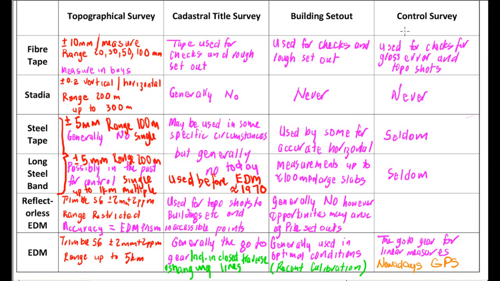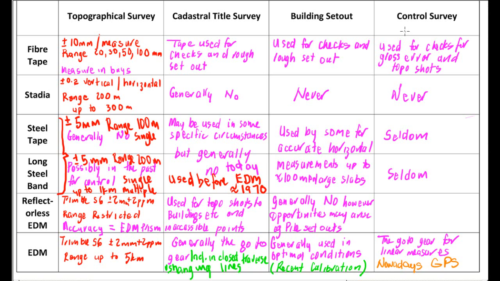As we know by now, the long steel band is seldom used these days, evidenced by the fact that most of our trainee surveyors haven't used one and haven't seen one used in action that often.